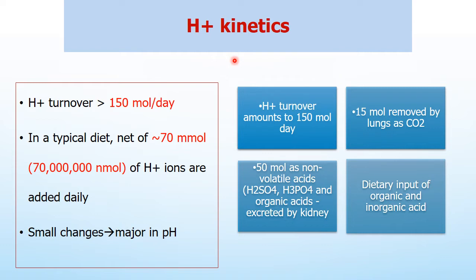Although hydrogen ion in our body is present at a small amount of 40 nanomole per liter, this hydrogen turnover per day is more than 150 mole per day. Hence, seeing this huge difference, we can understand that any small change in metabolism of this hydrogen ion can bring about a big difference in the hydrogen concentration in our body.